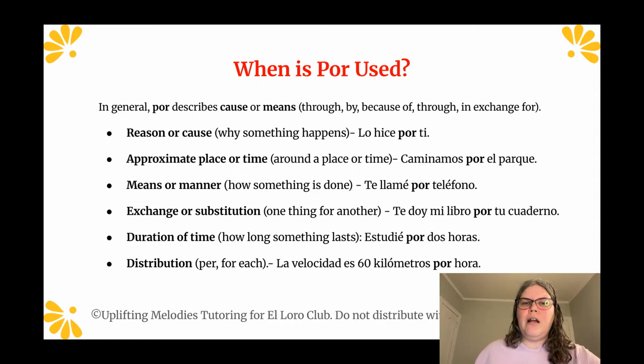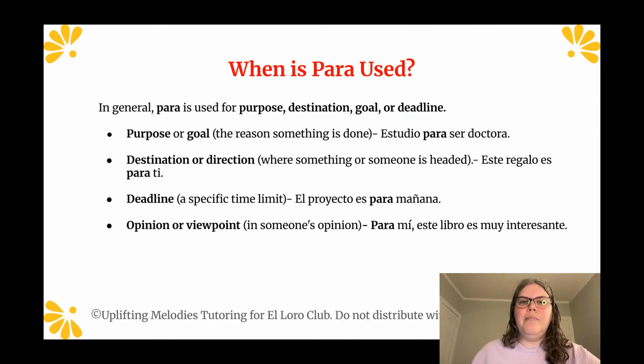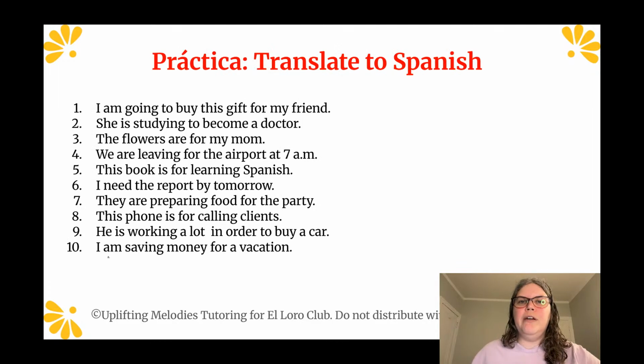Por is for things like reason or cause, going around a place or time, means or manner, how something is done, exchange or substitution, one thing for another, duration of time, or distribution like per or for each. Para is used for purpose, destination, goal, or deadline, purpose or goal, destination or direction, deadline, or opinion or viewpoint.